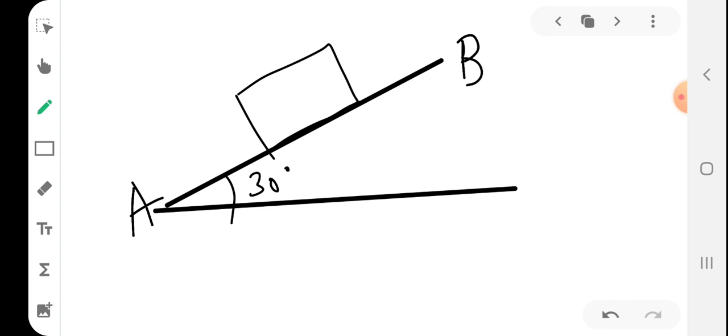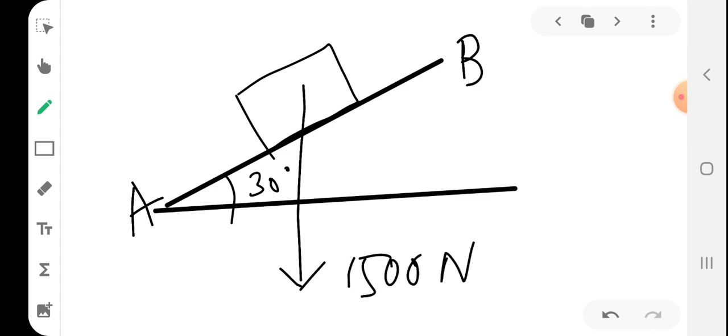There is a block on this plane AB which has a weight W acting vertically downwards, and the weight given is 1500 Newton. We are asked to find a force F acting horizontally which holds the block in position.